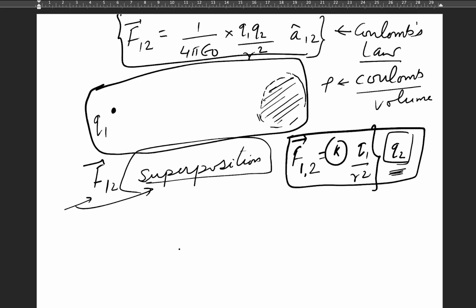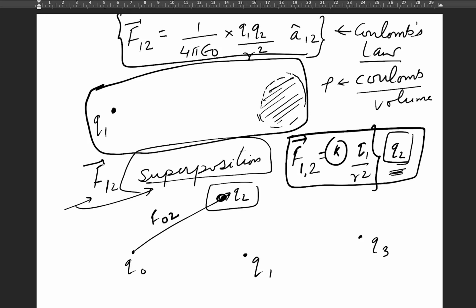It means that let us say this charge Q2 is there, and we already have charges Q0, Q1 and Q3 at some random places. So we want to find the total force on this charge. So what will we do? We will use Coulomb's law. We will find F02, meaning force on charge 2 due to Q0.